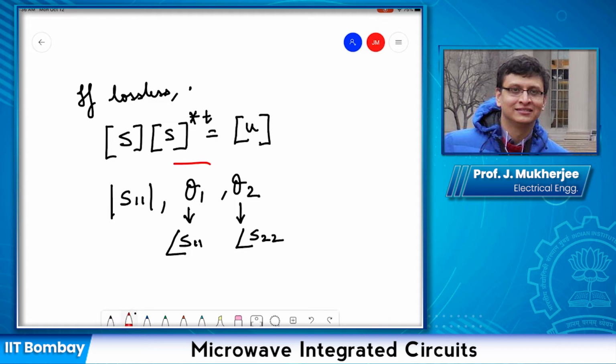So if we know just these 3 unknowns, then we can find out all the other S parameters.